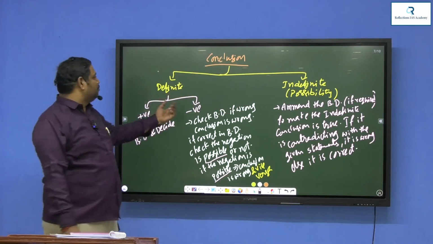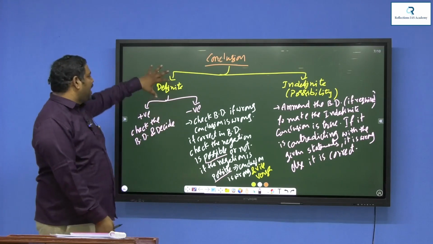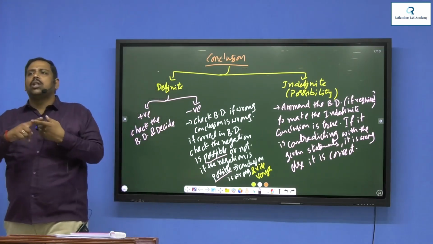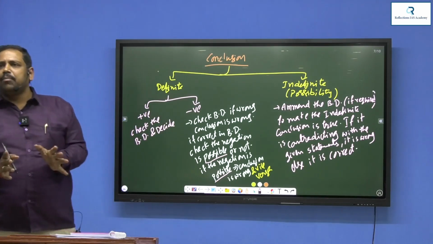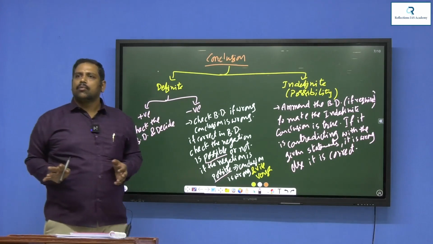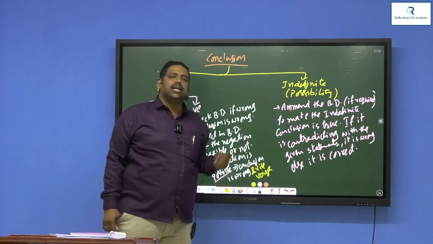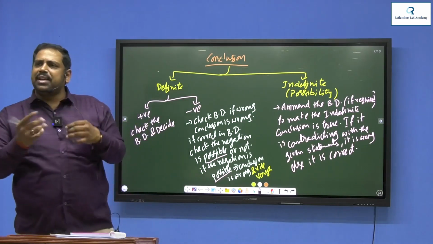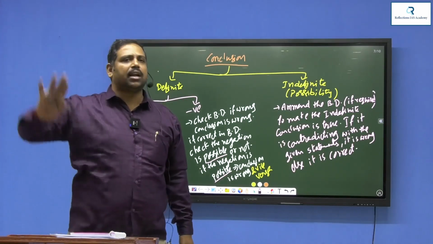Here, conclusions. If you find a definite positive conclusion, go through the basic diagram. In the basic diagram, if it is correct, it is correct. If it is wrong, it is wrong. If it is an indefinite conclusion, first check the basic diagram. If it is correct, happy, it is correct.